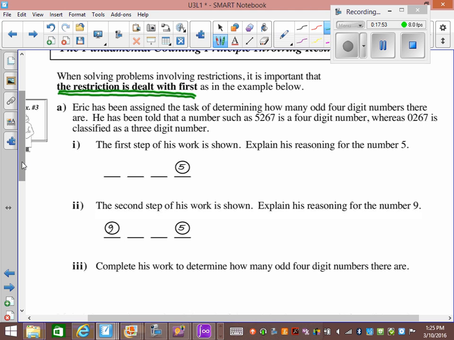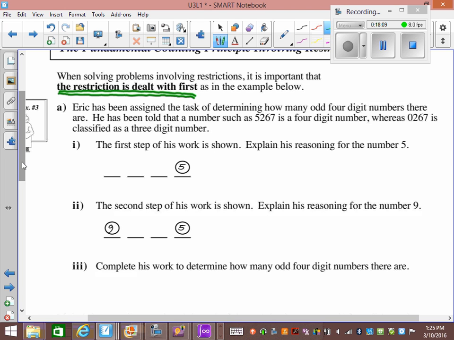Okay. So Eric has been assigned the task of determining how many odd 4-digit numbers there are. He has been told the number such as 5267 is a 4-digit number, whereas 0267 is classified as a 3-digit number. Here's the key thing here, you guys.